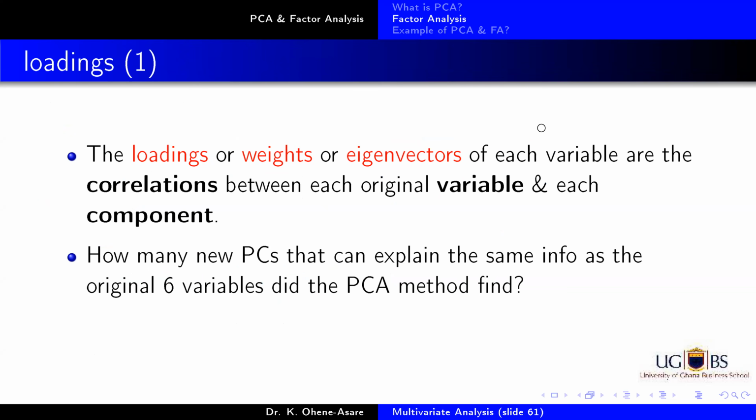That table shows the relationship using the correlation. The question you are being asked here is: how many new, and this word is very important, how many new principal components that explain the same information as the original 6 variables did this PCA method find?